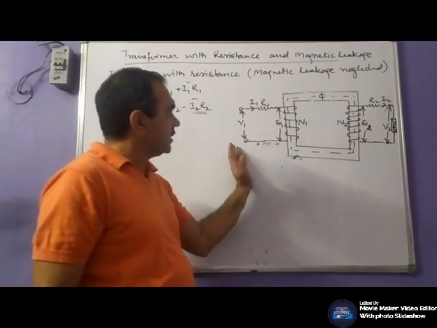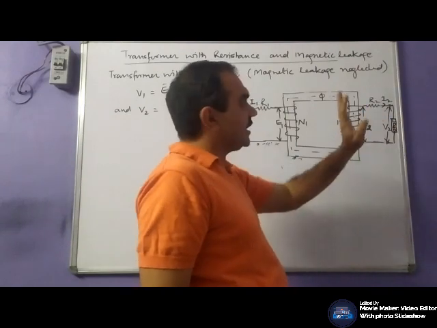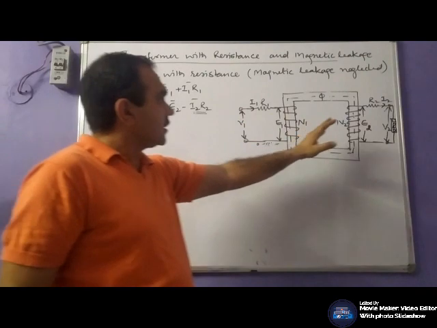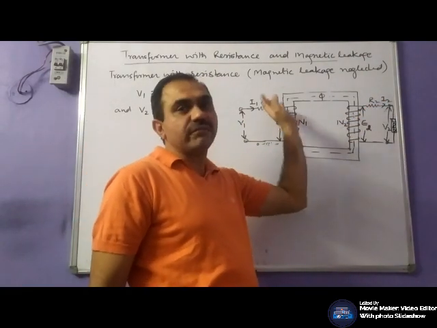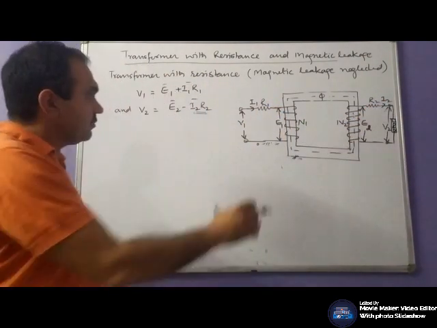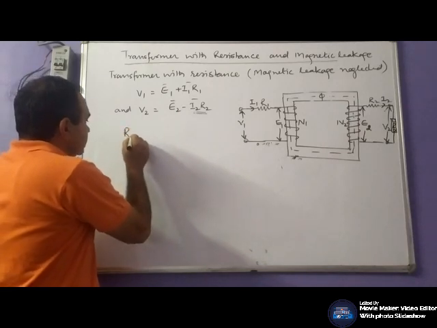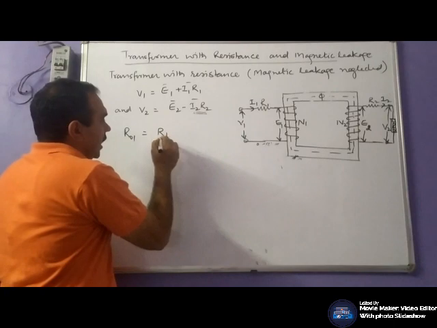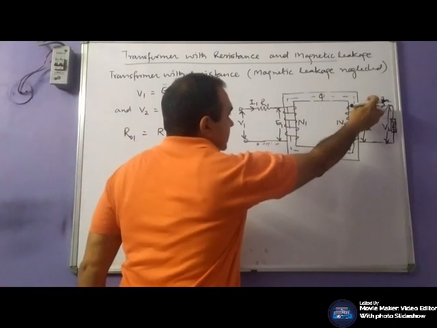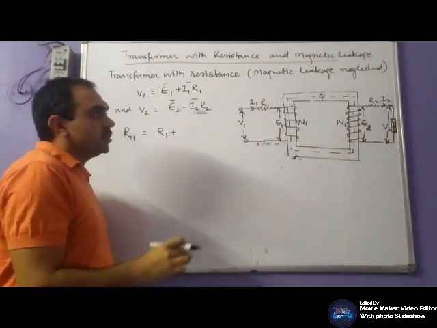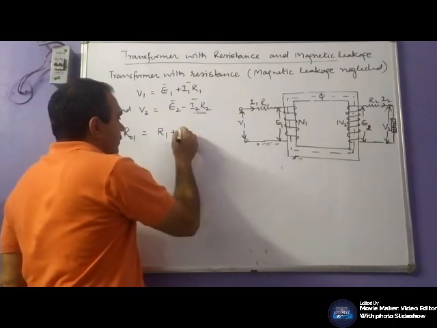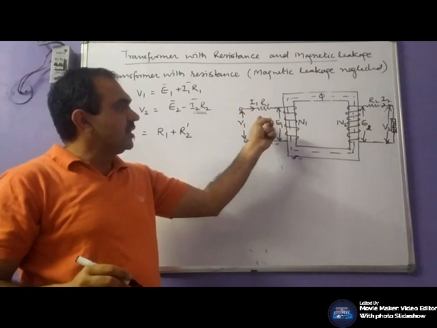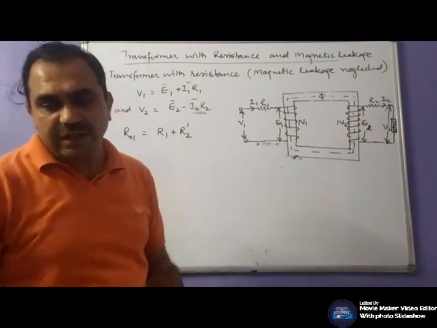In such a way, during referring, percentage of voltage drop should remain same. For example, let this R2 be referred to the primary side. So what would be the total resistance on the primary side? It would be R1 plus this resistance R2 transferred to the primary side, so its equivalent value on the primary side would be R2 dash.